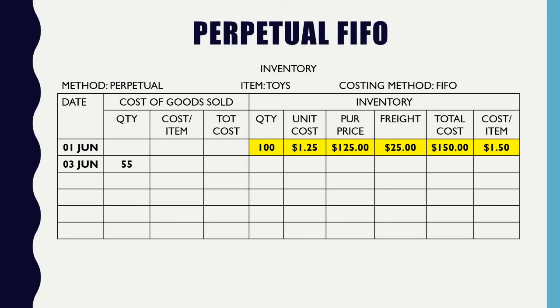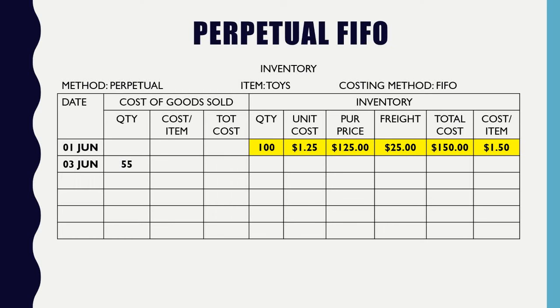So here I'm going to calculate how much my total cost of goods sold is going to be. I added 55 toys under the quantity in my cost of goods sold section. And I'm going to go ahead and look: how much is it going to cost me to sell each item? It's not going to cost me $1.25. That's what I purchased it for. I need to include the freight because that is part of my cost of goods sold.